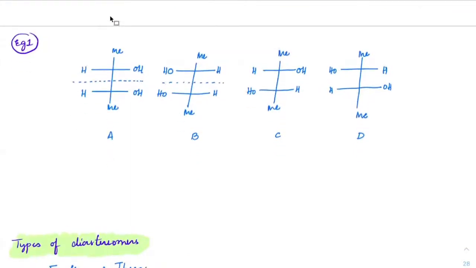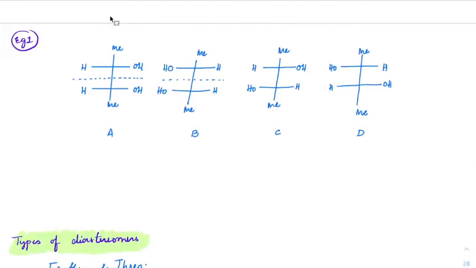Check out this case, where A, B, C, D molecules are given here, and I'm supposed to find the relation between all the sets of molecules: AB, AC, AD, then BC, BD, then CD. To find the relation between them, first we will check if there are any mirror images forming here.